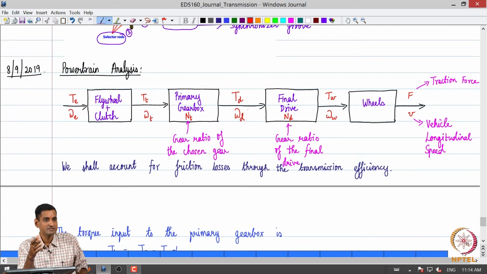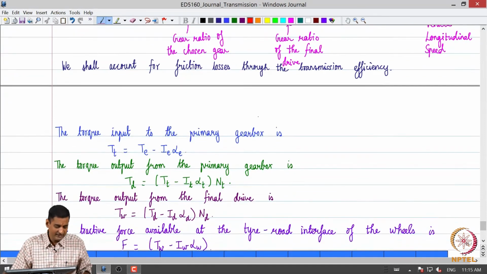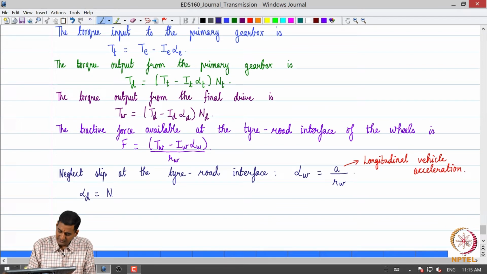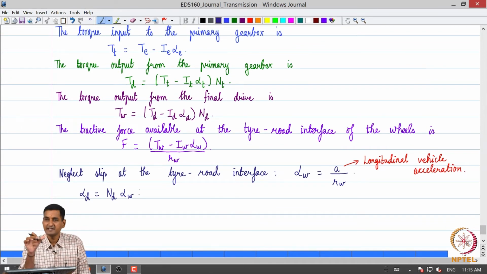Gear ratio is the ratio of the input speed to the output speed. By using that relationship, how can I write alpha d, which is essentially the angular acceleration of the final drive? That is going to be equal to nd times alpha w, because nd is the gear ratio of the final drive.